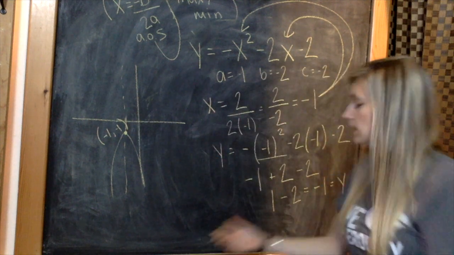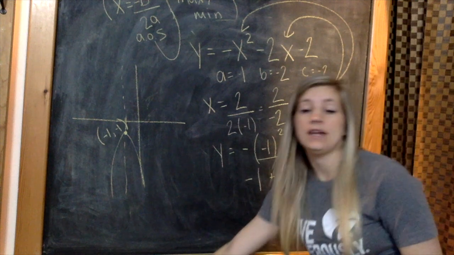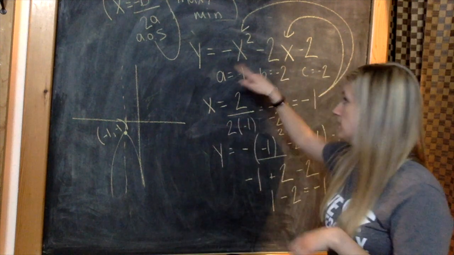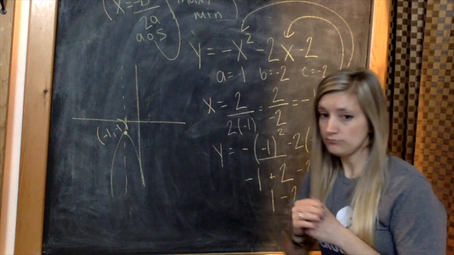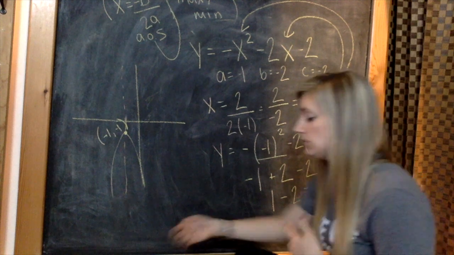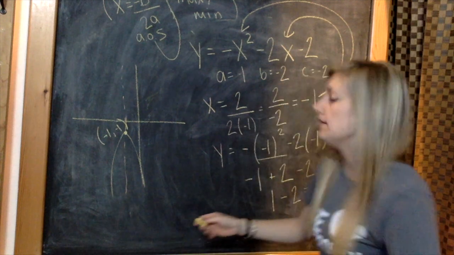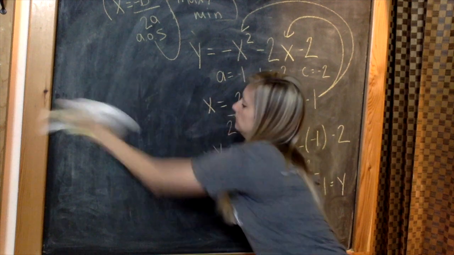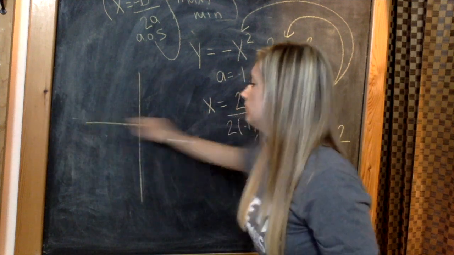Okay, so what you are going to do again is you are going to practice with quadratic equations. Okay, so I'm not going to give you a graph. However, if I do just give you a graph, so if you have something that looks like this, here's your graph.